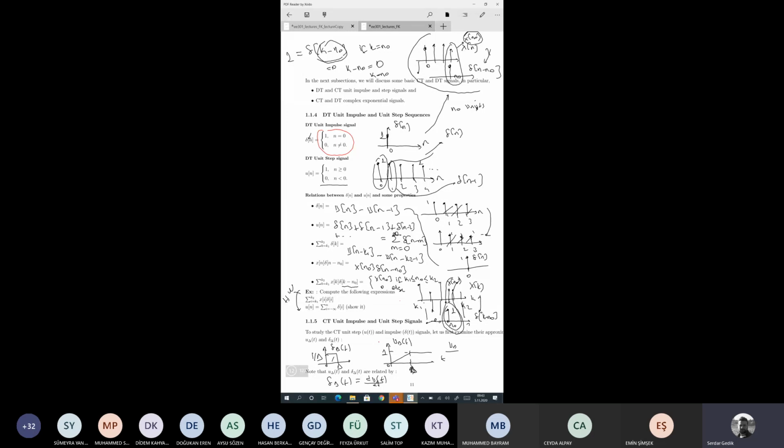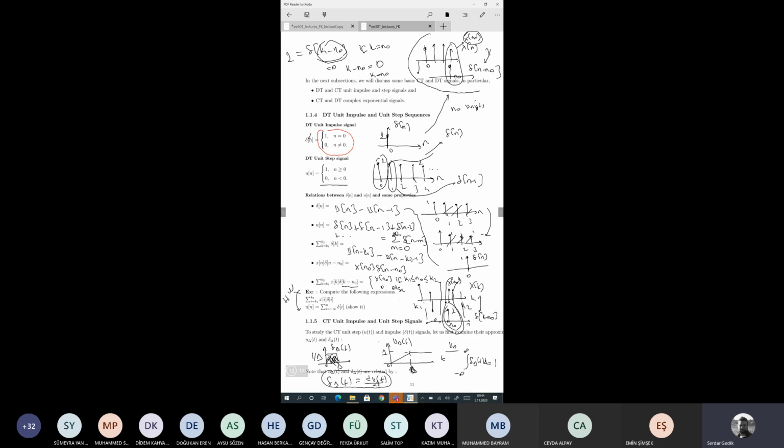By considering these, I will define continuous time u of t and delta of t. First check that this is the important relationship between those two. But another thing that I consider is this: impulse delta of t has unit area. If I integrate from minus infinity to plus infinity, impulse delta of t dt is simply equal to 1. So the shaded area here is equal to 1.